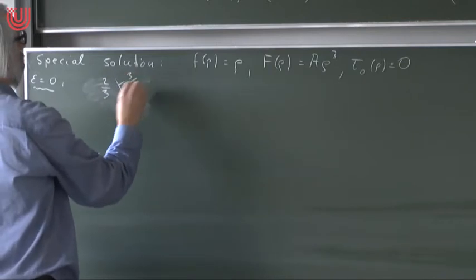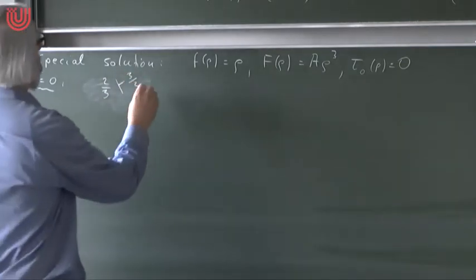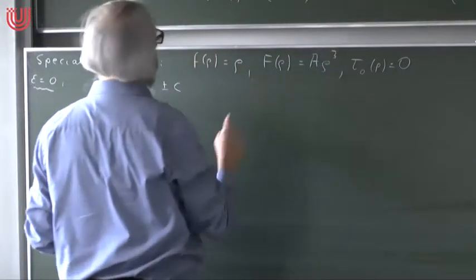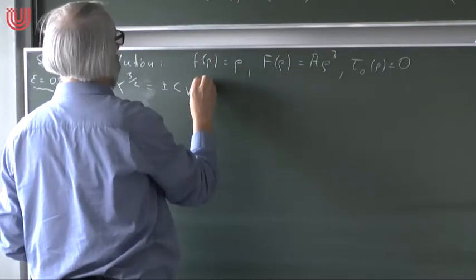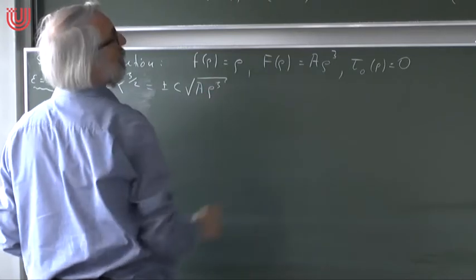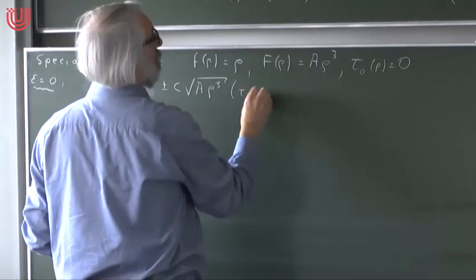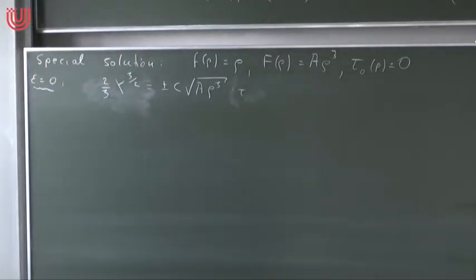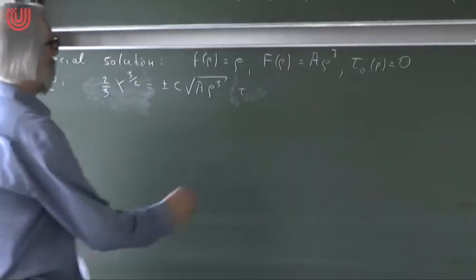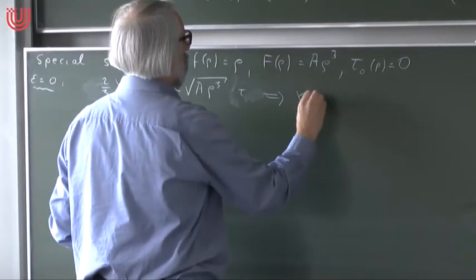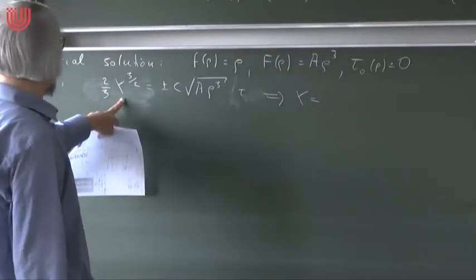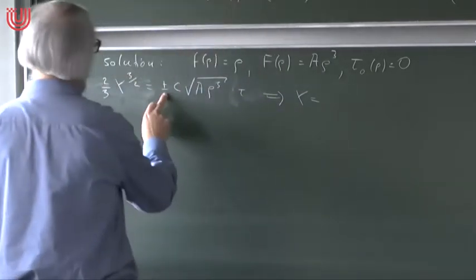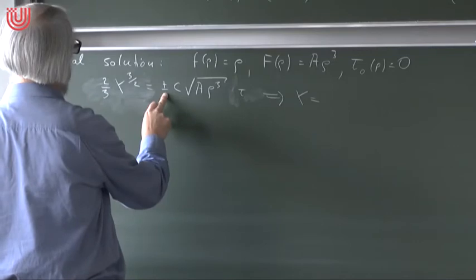2/3 to the power 3/2 is plus minus c root of capital F. This is root of a times rho cubed, tau, and tau naught is equal to 0. So that's it. Can I solve this for y? I think I can choose a positive sign here.